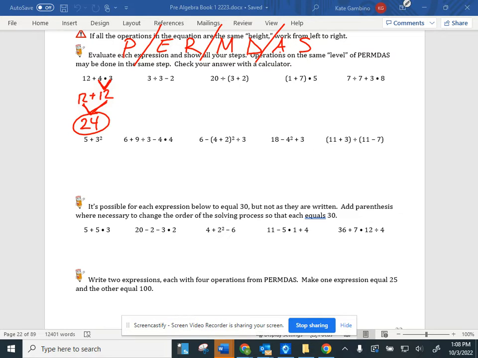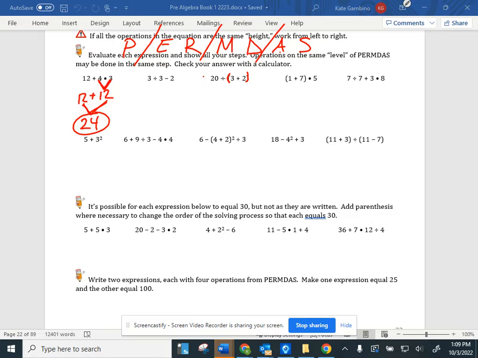So let's look over at this one with parentheses. We have 20 divided by parentheses 3 plus 2 parentheses. What is the first step I'm going to do, Evan? Add 3 plus 2. Why am I going to do adding? Adding's at the end. Because it's in the parentheses.